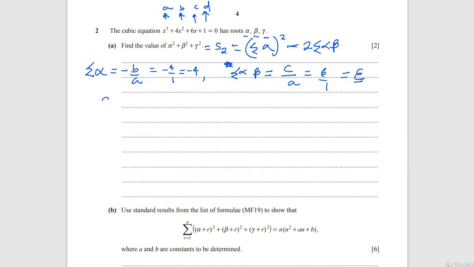So our S2, which is the same thing as alpha squared plus beta squared plus gamma squared, will be minus 4 all squared minus 2 times 6. Minus 4 squared is 16, 2 times 6 is 12. That gives 4. I hope you understand. Any question is welcome in the comment section.